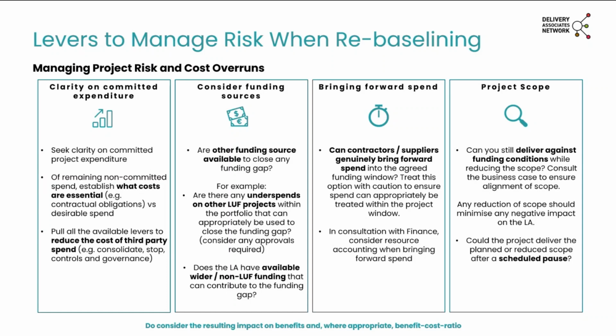This would need to be performed in quite close consultation with your project leadership, but it is one option to consider when delivering the project, maybe changing the goalpost slightly. Again, think about the knock-on impact on benefits, but also on your project business case here, and that there may need to be some changes required.